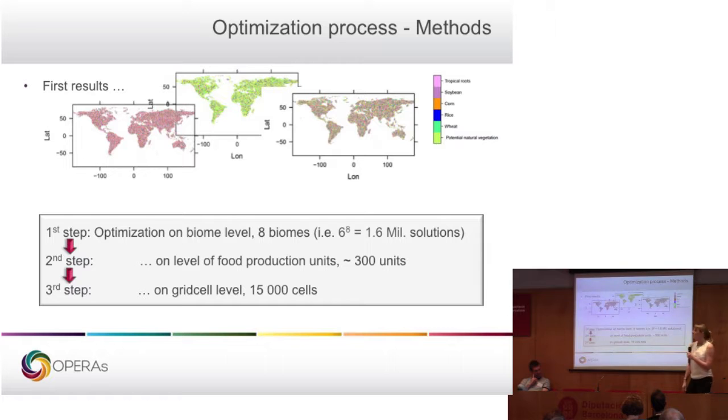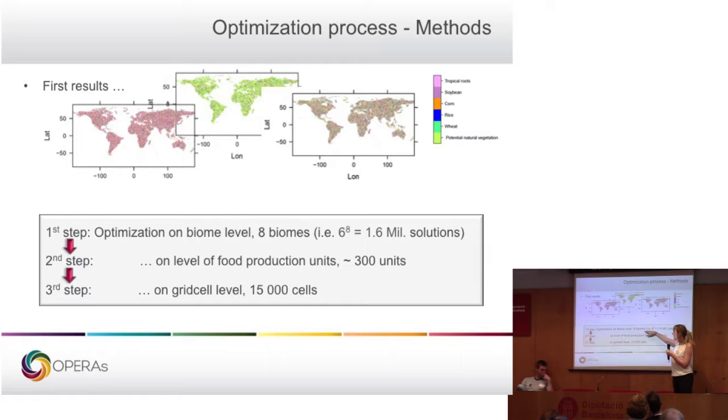So what we thought of is a stepwise optimization. The first one, doing it on biome level. 8 biomes on the globe, so 6 land uses, 5 crops and 1 natural. Potential of 8 already gives you 1.6 million solutions. So just to give you a number of how computationally expensive this optimization process is.